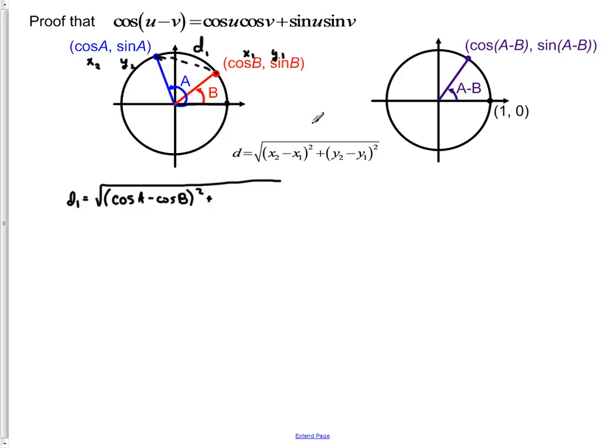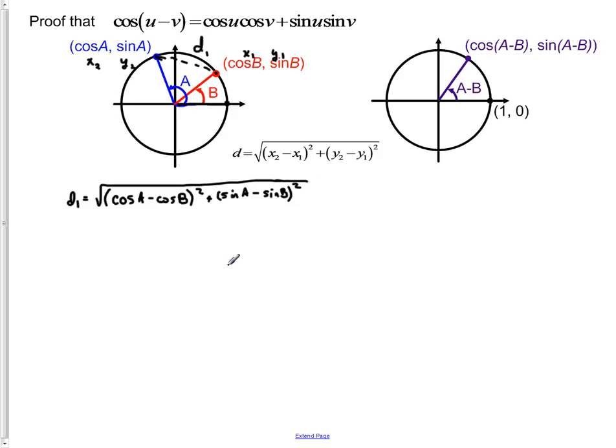And for our y values, well, that's going to be the sine of A minus the sine of B. And we want to square that quantity, and then we're going to take the square root of everything in there.